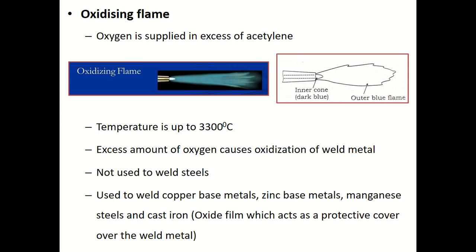But a flame having a slightly oxidizing nature is used to weld copper based metals, zinc based metals, manganese steels, and cast iron. In these cases, as I told you, a small oxidizing flame is present.